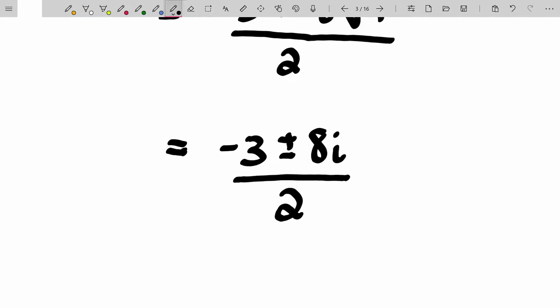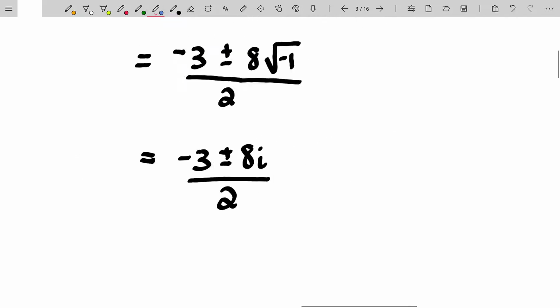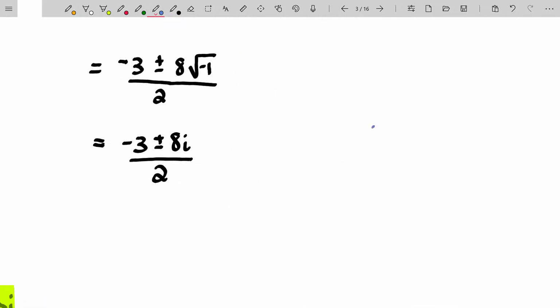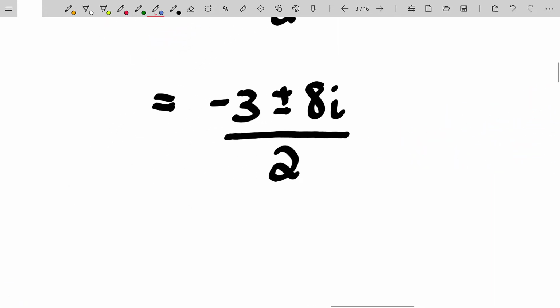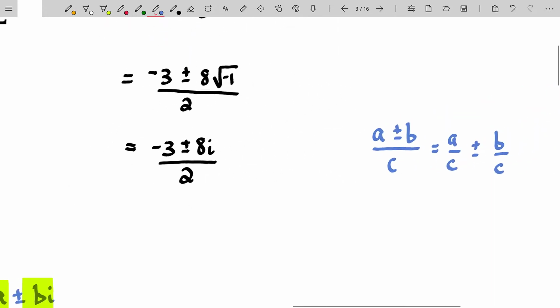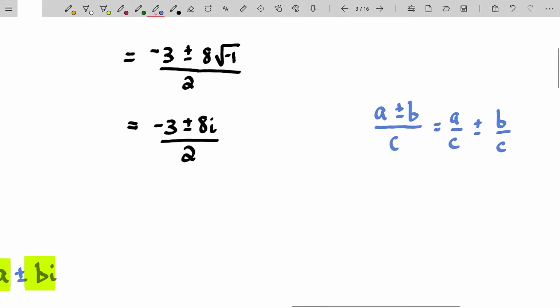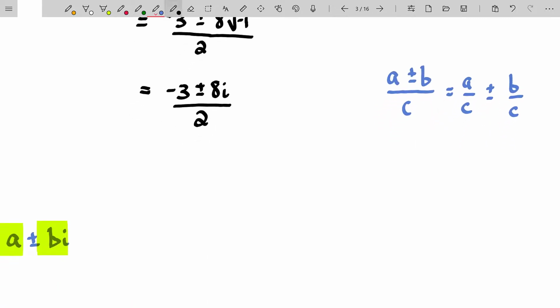Remember that from our prerequisite material, our fractional arithmetic, that a plus or minus b divided by c is the same thing as a over c plus or minus b over c. So let's go ahead and break this fraction right here using that identity from fractional arithmetic.